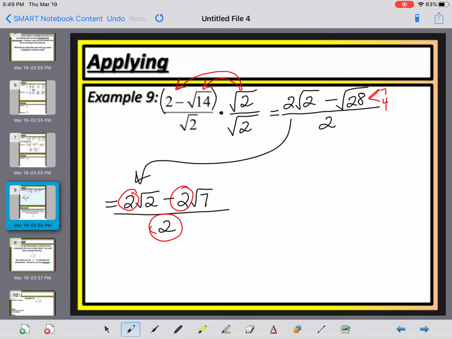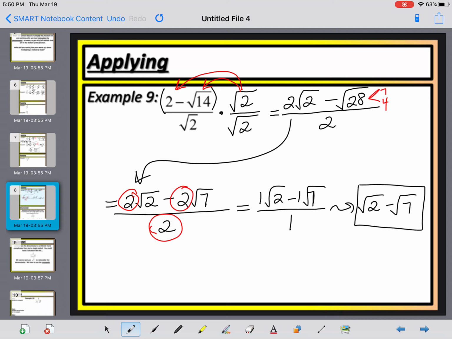Okay, so everything outside, all of the terms on the top and the term on the bottom need to have something in common. So 2, 2, and 2 can simplify all of those. 1 root 2 minus 1 root 7 over 1. Now you don't have to write any of those ones, so you could just say root 2 minus root 7. And that would be your final answer.